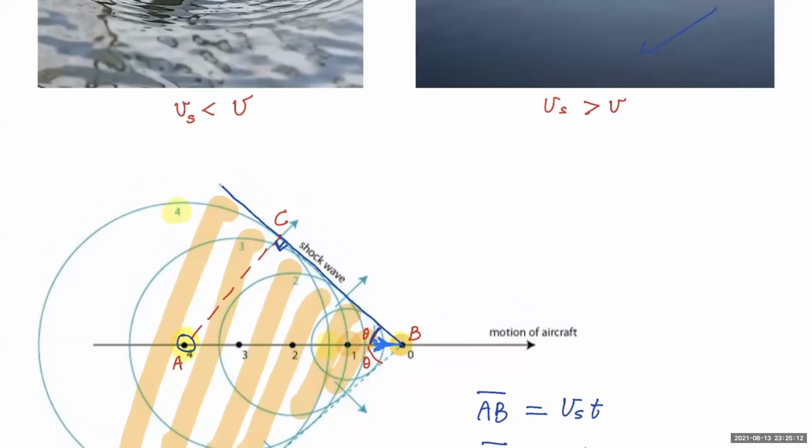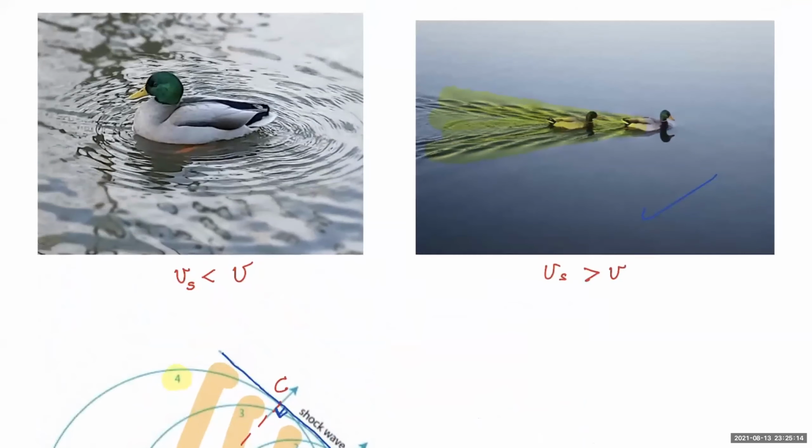Well, we already saw from these two pictures of the duck, in a conventional wave, the wave arrives before the source does, because the wave travels faster than the source, and you have the wave traveling in all directions. The wave is not concentrated. But in the case of a shock wave, in the picture on the right, the wave is concentrated in this cone-shaped region, and if you are an observer here, there's no disturbance.